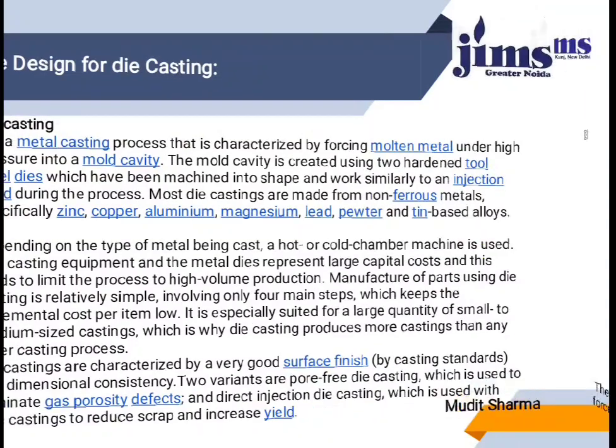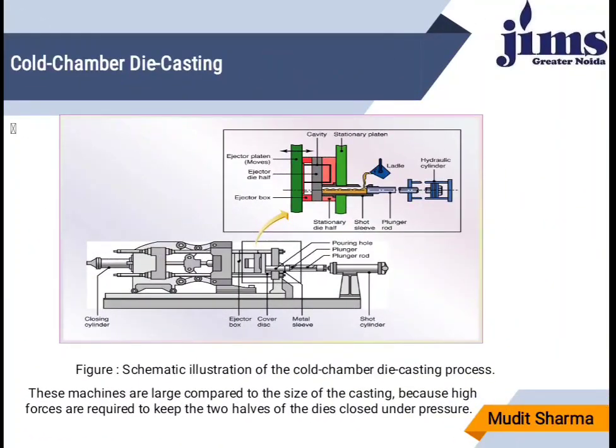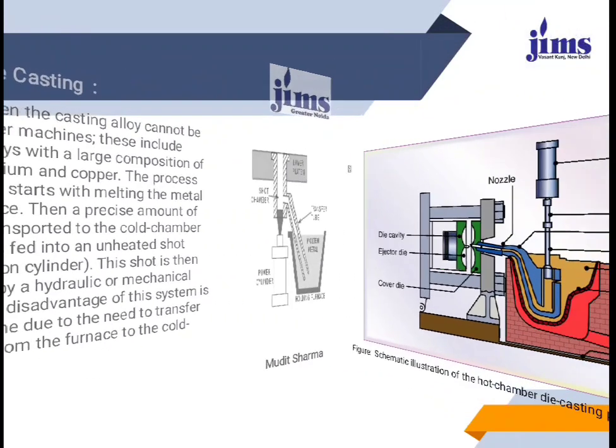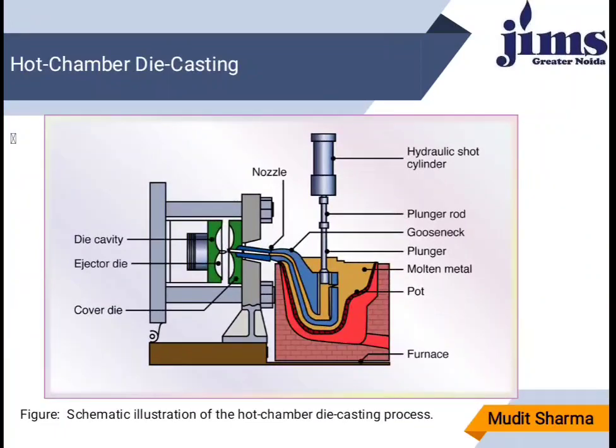Some common steps we use in this process. First, close and lock the two halves of the die. Force the molten metal into the die cavity and maintain the pressure for a short time, permitting the metal to solidify.